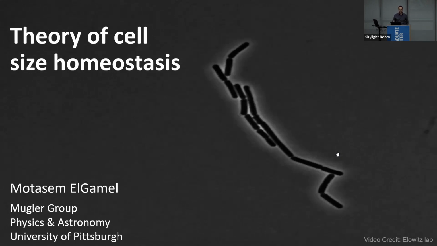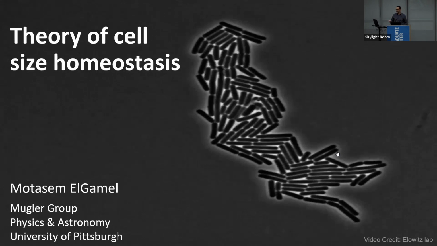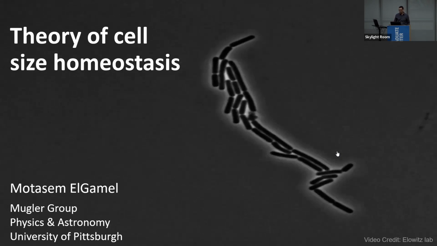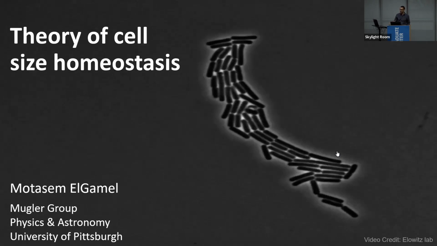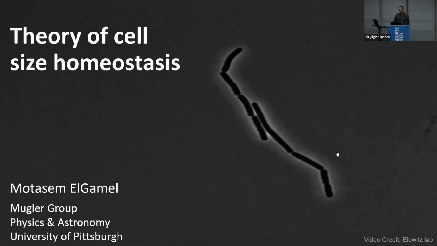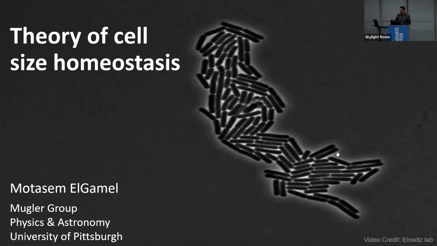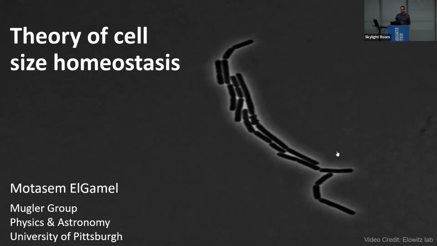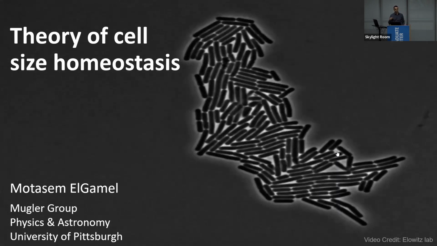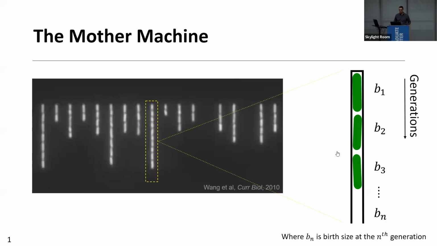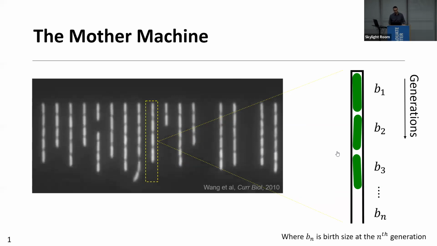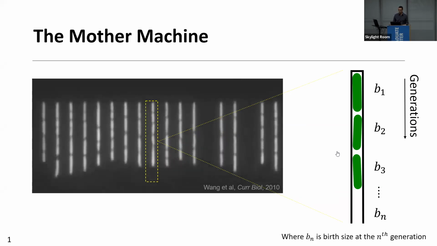So the cells must have a regulatory mechanism to stay a stable system and to control something very important for its functionality, such as size. In experiments such as the one I'm showing a video of, it's very hard to track the progression of cell size across generations. So a decade ago, a very innovative microfluidic device was created called the mother machine.